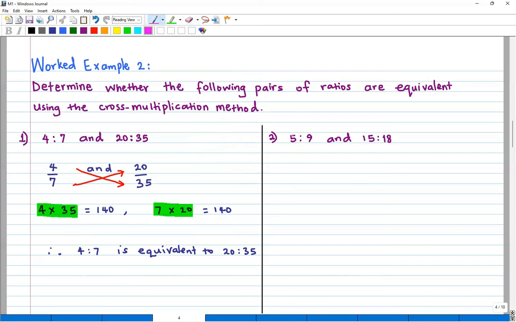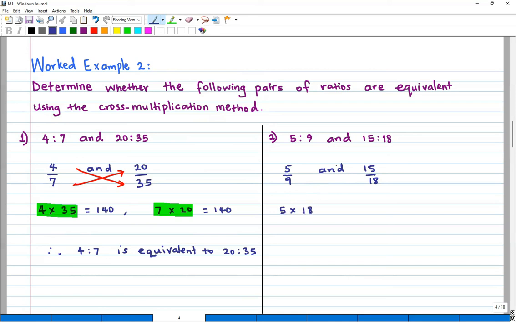Let's check whether 5 to 9 and 15 to 18, they are equivalent. Let's write them as fractions. So we have 5 out of 9 and 15 out of 18. Now, once we do the cross multiplication, it means that we are going to have 5 times 18.